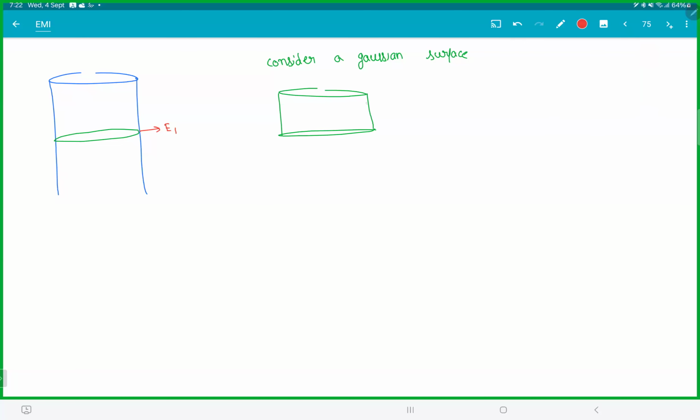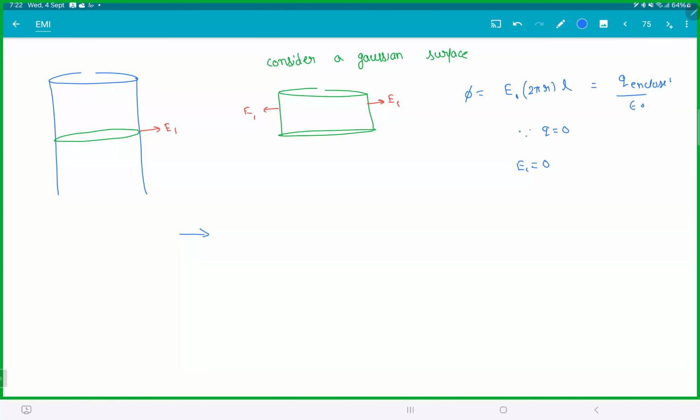If you have a Gaussian surface, and E1 is radial, so E1 is acting like this in all directions. So the electric flux will be E1 into 2 pi r into L. Agreed? But this should be equal to charge enclosed divided by epsilon. How much charge is there inside? There's no charge. Since Q is 0, E1 must be 0. This kind of field cannot exist. If you say there's a radial field, then there should be a charge inside.